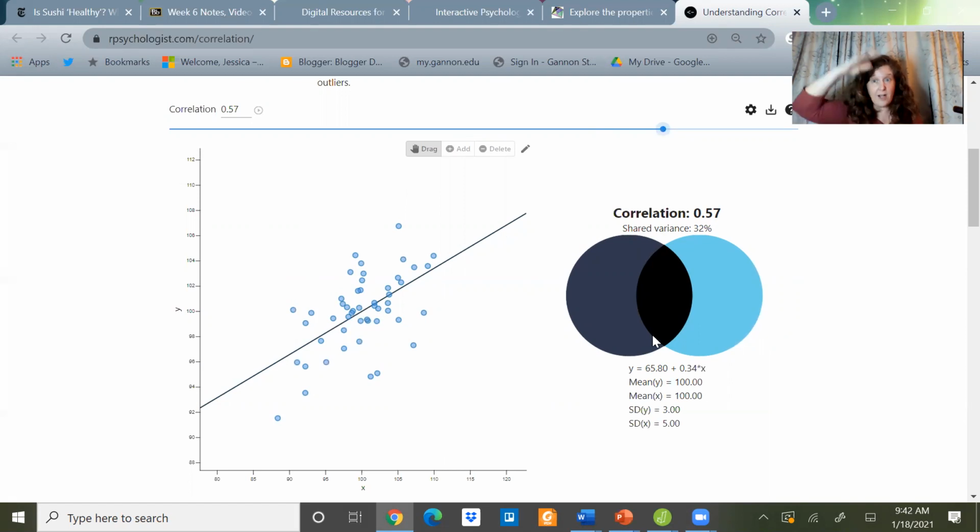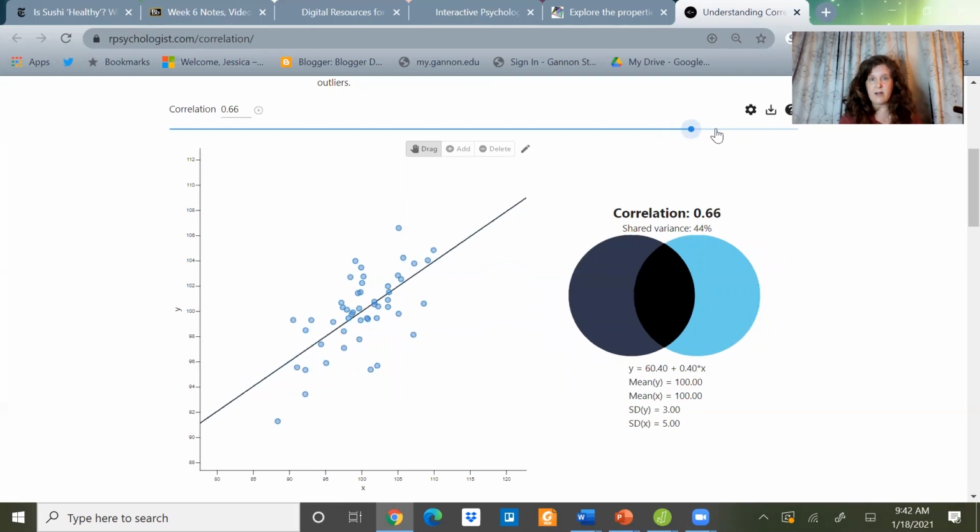How much of the altering and the changes in variable X are altering and changing variable Y? And you can even see down here, to a greater extent, they even show you what the regression equation would look like for this particular line. Means and standard deviations aren't very helpful when you're talking about covariance.